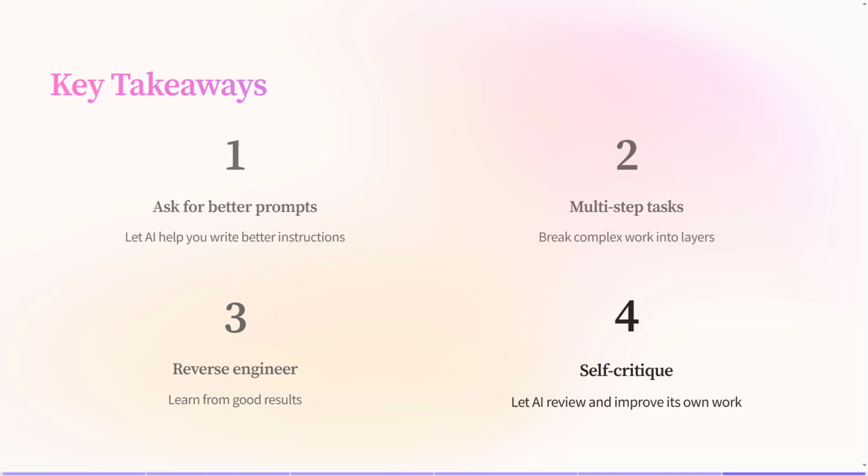And also use AI to review and improve its own work. Always keep asking it, are you sure about this? Are you sure about that? Show me your working. Okay, it's a good output now, but make it better. Make it more formal. Make it less formal. Make it more conversational. Make it tighter and more succinct. Whatever it may be.